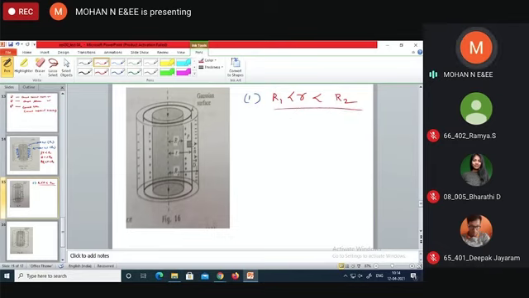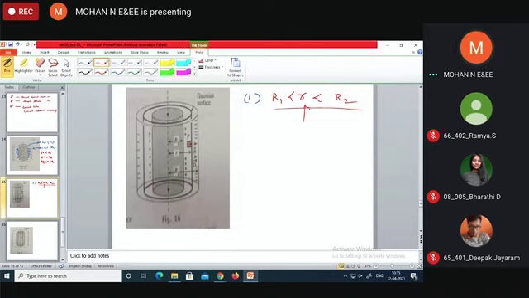Now I want to find the field intensity at this point P. For that reason, I have assumed a Gaussian surface which is similar to another cylinder, whose radius is R.